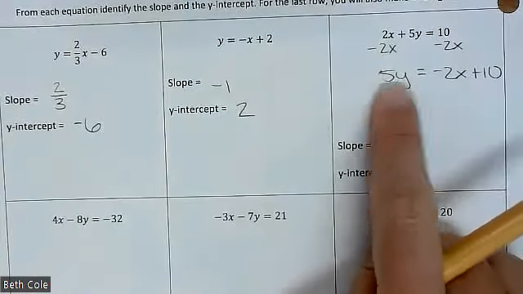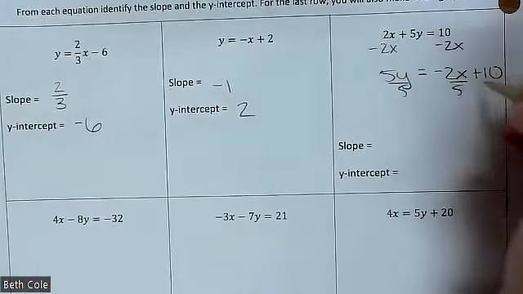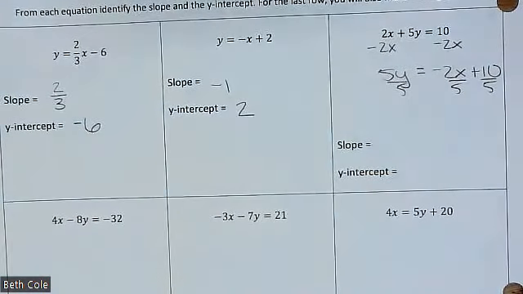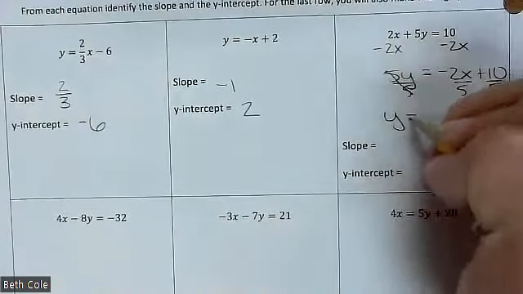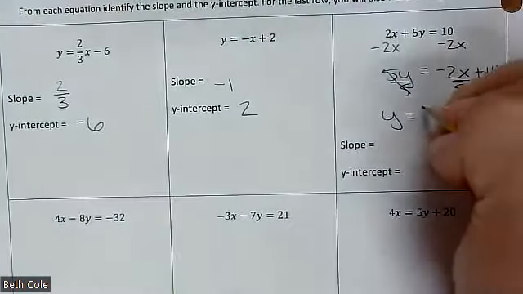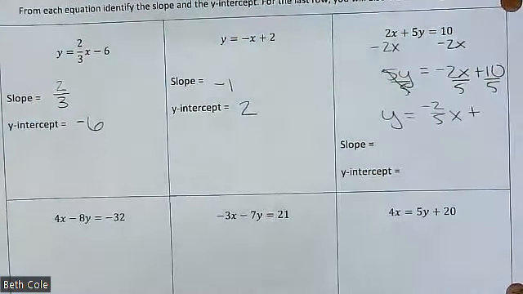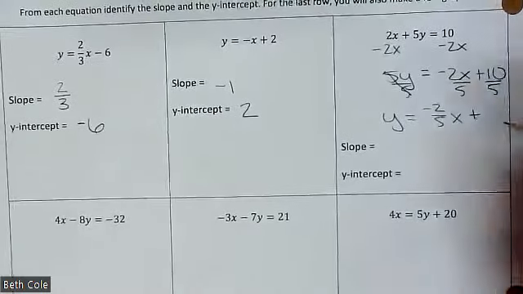And then how do you get rid of this 5? You're going to divide everything by 5. So that'll give you y equals, now does -2/5 reduce? No, so just leave it alone. -2/5 x plus, now does 10/5 reduce? 2.